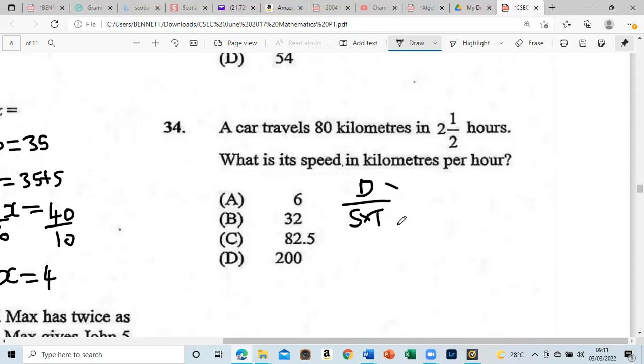However, they gave us the distance, 80 kilometers, and they asked us to find the time. No, hold on. They asked us what is the speed, but they gave us the time to be 2.5. So we just divide 80 by 2.5, right? That's 32.